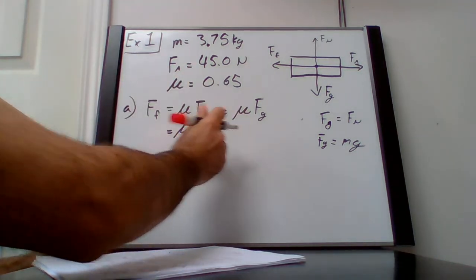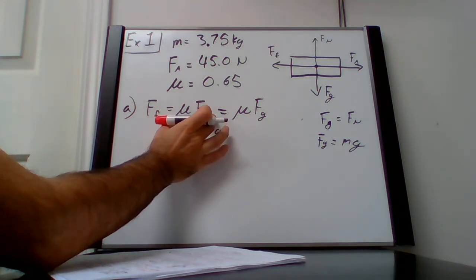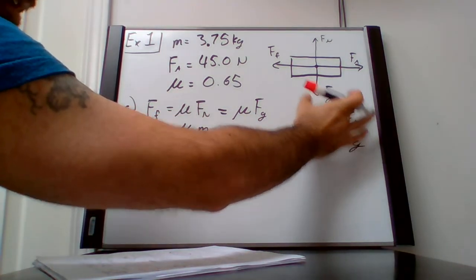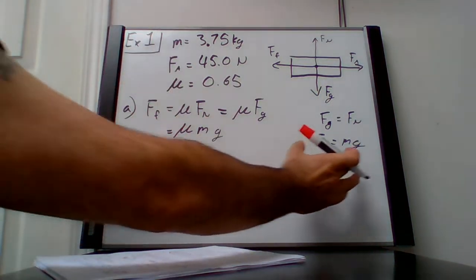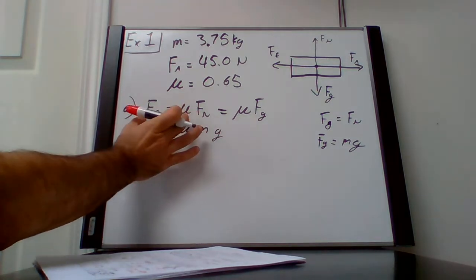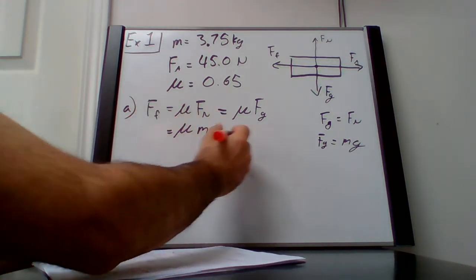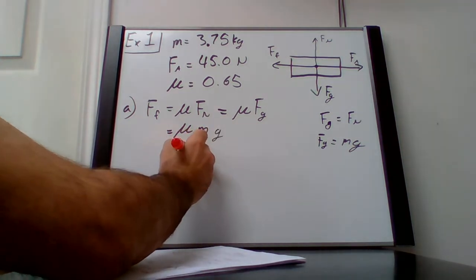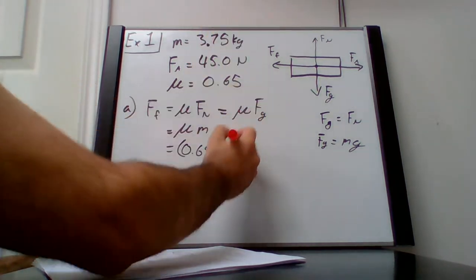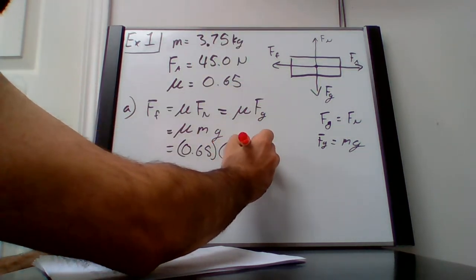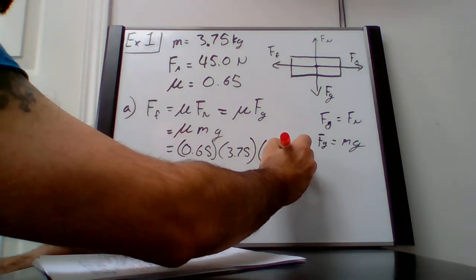So my force of friction, which was originally mu times Fn, well, because we're on a horizontal flat surface, Fg equals Fn, we know that our Fg is mg, so my force of friction is now mu times mg. All right. Plug in some values here. I have 0.65. I have 3.75. And I have the acceleration of gravity, 9.81.